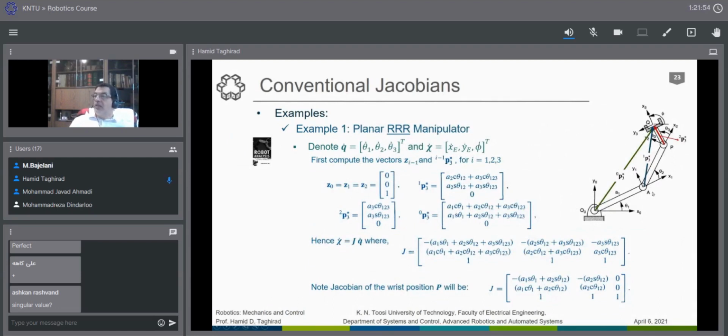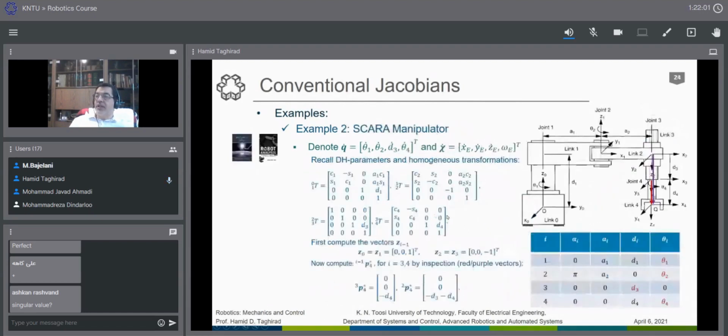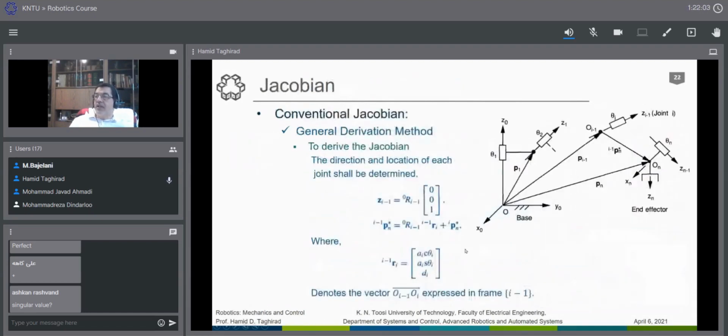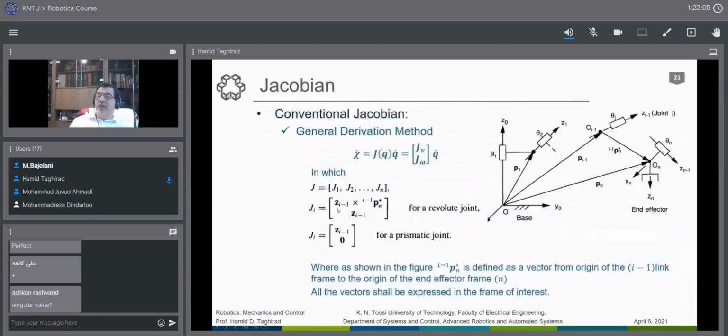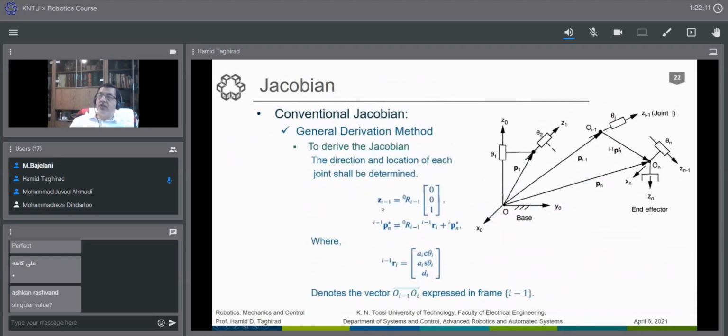And this can be easily put together. Now we have these 3 vectors. The only thing is we have to cross multiply Zi with P star n to find the Jacobian.